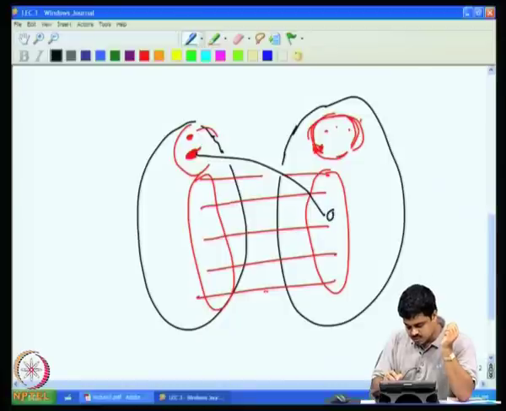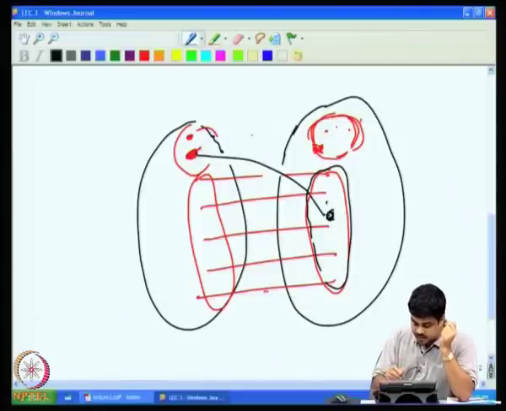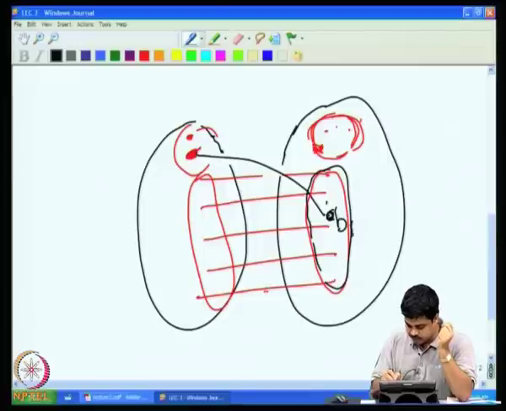Let us say, as we have told, any neighbor of A0 has to be in the matched collection only. It is not possible to have a neighbor of A0 among the unmatched vertices. Let us say this is B1, we pick up one.